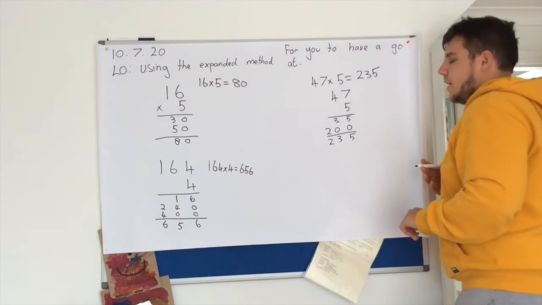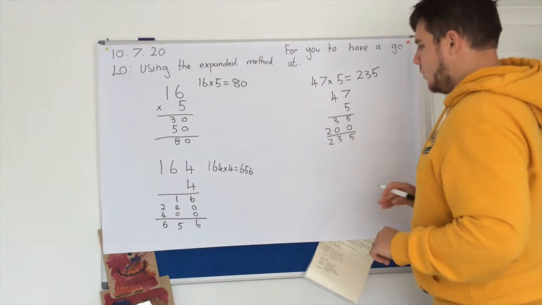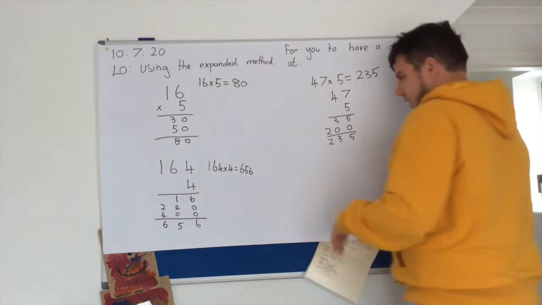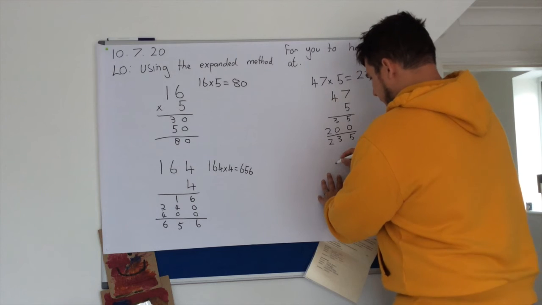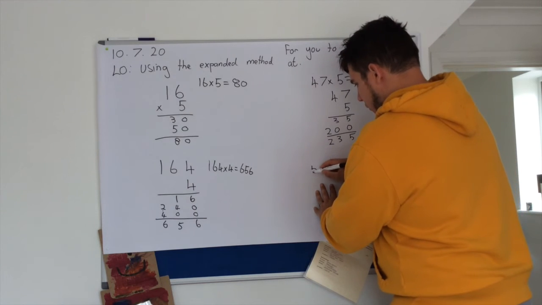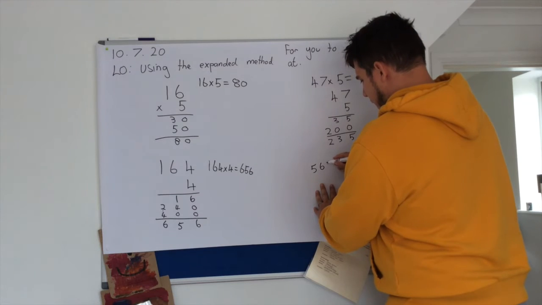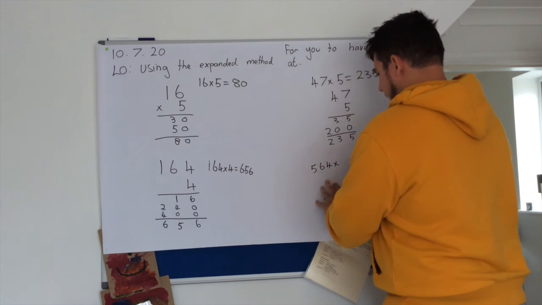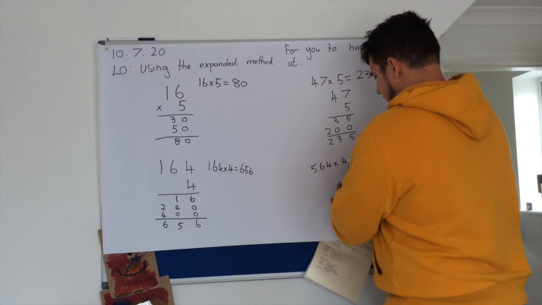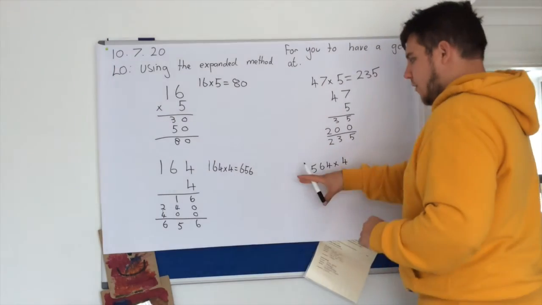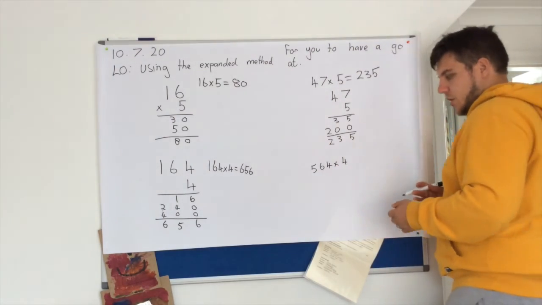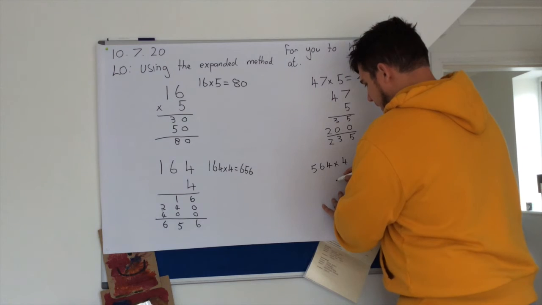Okay, fantastic there. Roll your dice again, generate another one. Let's do a trickier one. Let's do 564 times by 4. Okay, so this time I've got a 3-digit times by a 1-digit. So I'm going to write my calculation out.